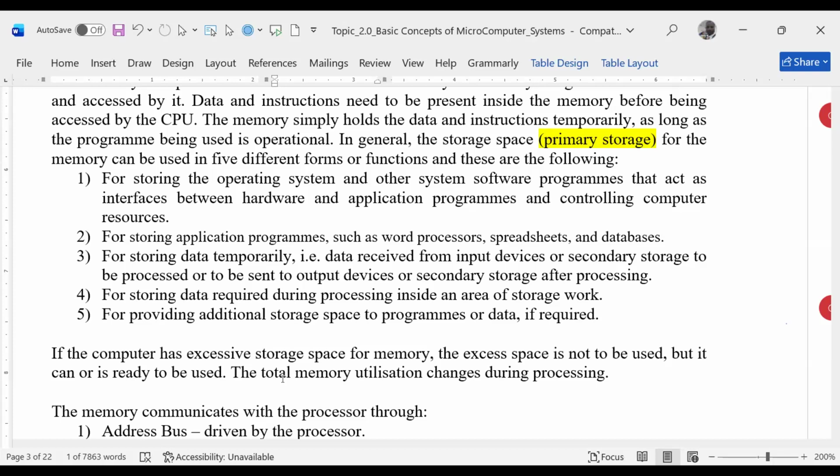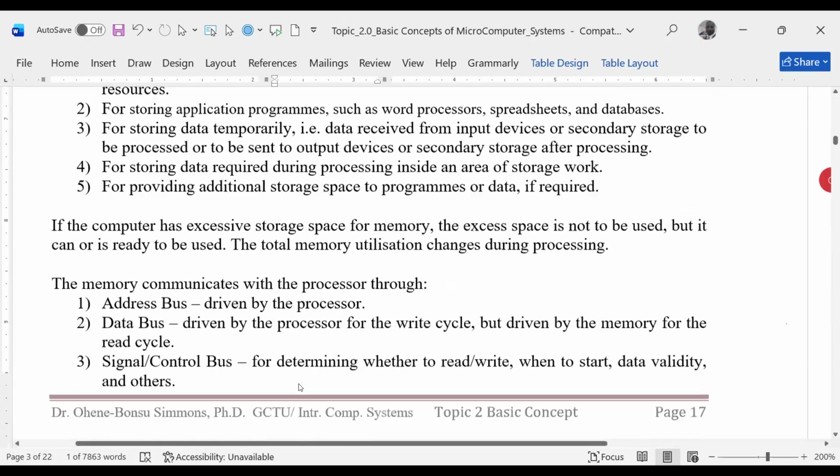It's possible that Excel can open before the CorelDRAW. And after this job is done, the memory automatically assigns additional space to the CorelDRAW so that it will be loaded. So memory adds additional space when it's needed. And these are the 5 functions of the memory space.